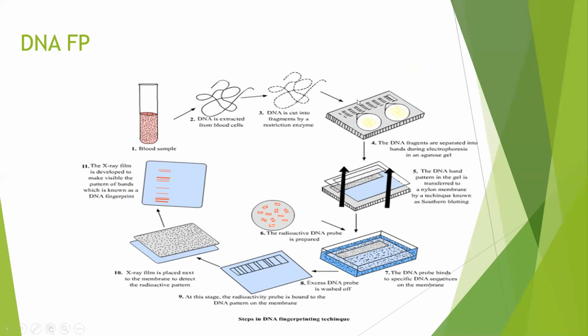Next, after agarose gel electrophoresis is completed, the gel is transferred onto the nylon membrane. Look at here. The DNA band pattern in the gel is transferred to a nylon membrane by a technique known as the Southern blotting technique.